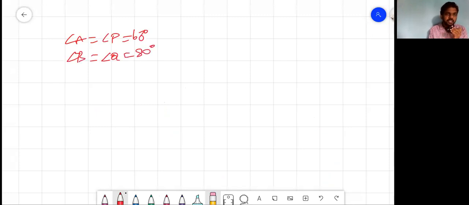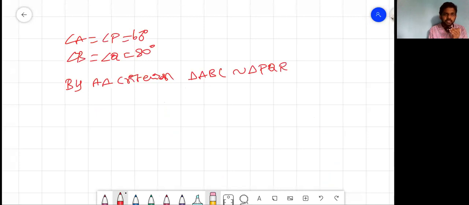So we have seen that two angles are equal and by AA criterion, we can say that triangle ABC is similar to triangle PQR. Please note that I am having A in the first place, which means I'm having P in the first place of triangle PQR.